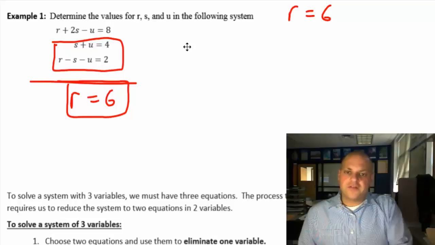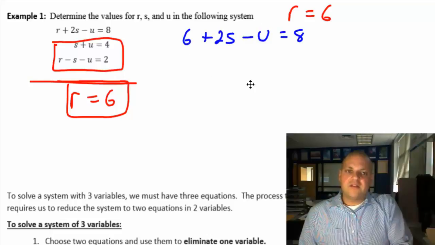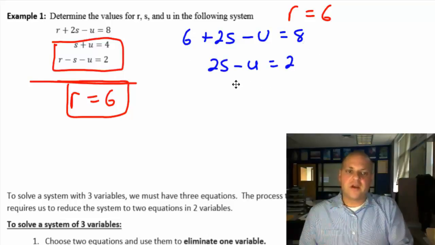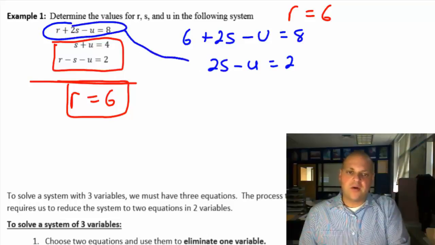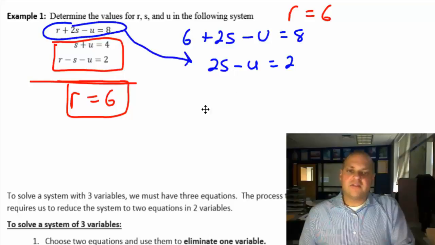We know that r is 6, so I have 6 plus 2s minus u equals 8. Subtract that 6 over, and I get 2s minus u equals 2. All right, so I have 2s minus u equals 2. That's my new first equation. All right, so let me pick one of these. How about this right here?